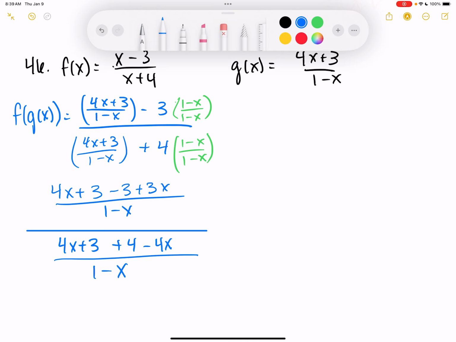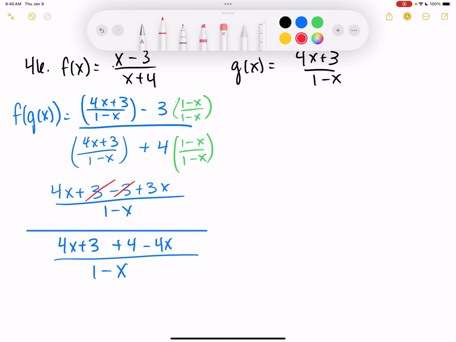Now, at this point, I would simplify stuff. If you want to write some little stuff out to the side to, again, not have to rewrite, obviously, you're going to see this takes up a lot of paper. Typically, when I do these fully step by step, it takes at least a half sheet of paper, if not more. But what I would do is go through and say, okay, on top, this 3 and negative 3 cancel each other.